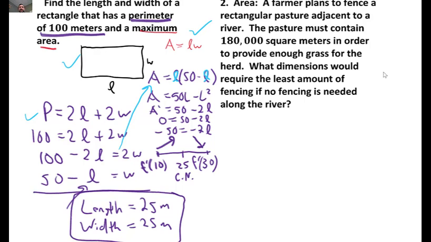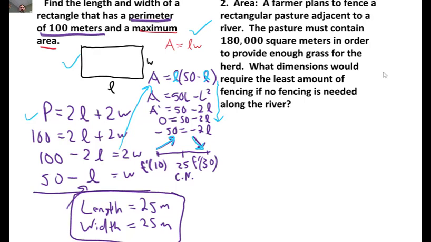And then I can maximize it with the first derivative test. So find the critical numbers by finding the first derivative, figure out where they're 0 or undefined, and then plug in numbers in the first derivative around there, and then you know the shape of the graph was going up before 25 and down after 25, which meant 25 was a max, and that allowed us to get our answer.